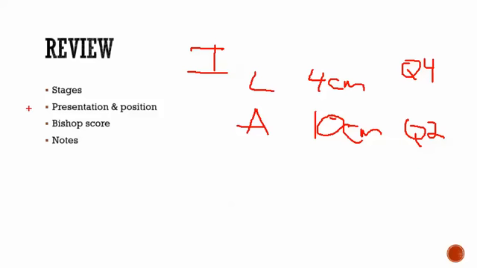Next, presentation and position. Presentation is what part of the fetus is going to be coming out and that you're going to be seeing. Position is a way to further characterize, typically, a vertex presentation, although it can be used with the breech. It's the occiput in relation to the maternal pelvis. So if you feel the posterior fontanelle anterior, close to the pubic symphysis, then you know you're in an occiput anterior position, or occiput posterior, or occiput transverse, or whatever.